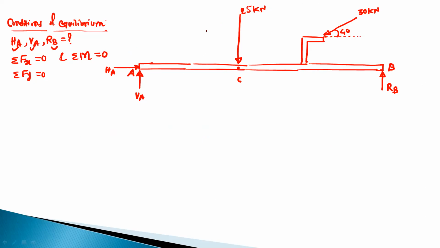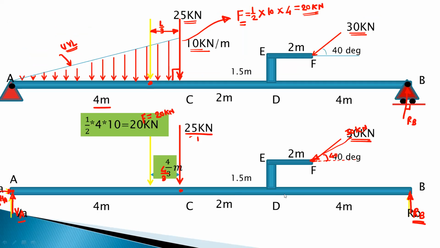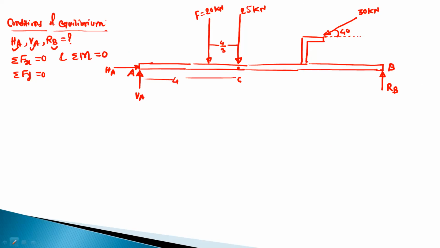This is point C, and there is a point load because of the UVL, which is F is equal to 20 kilonewton. It is acting at 4/3 with respect to point C. This total distance A to C is 4 meter. Then this is 2 meter. Okay, so this is complete free body diagram.